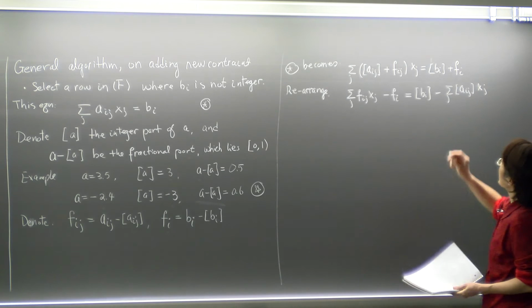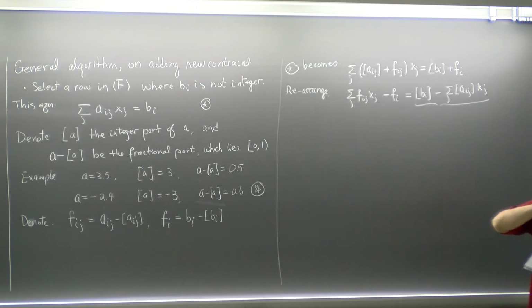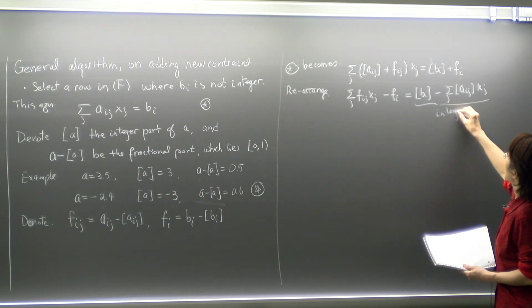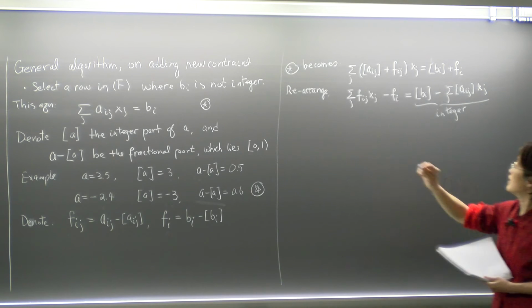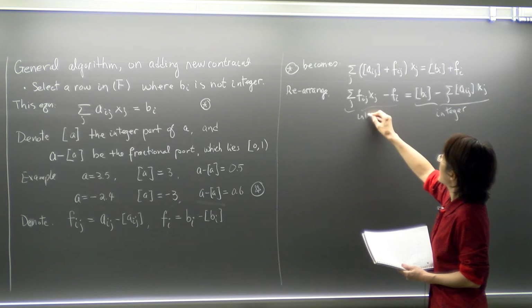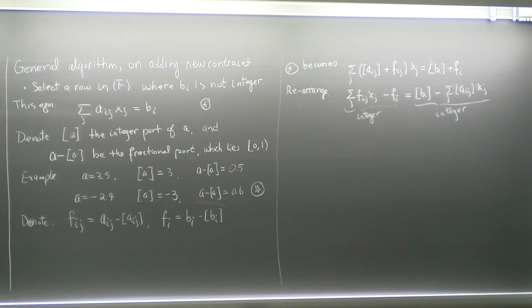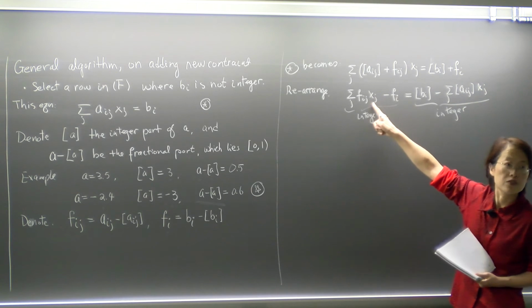Okay, so here comes the key argument. All these are integer numbers. It has to give me, in the end, an integer number. Is that right? And then the left-hand side equals that, and it must be an integer as well. So what is the smallest value this integer can take? Well, you know xj's are bigger than or equal to 0.